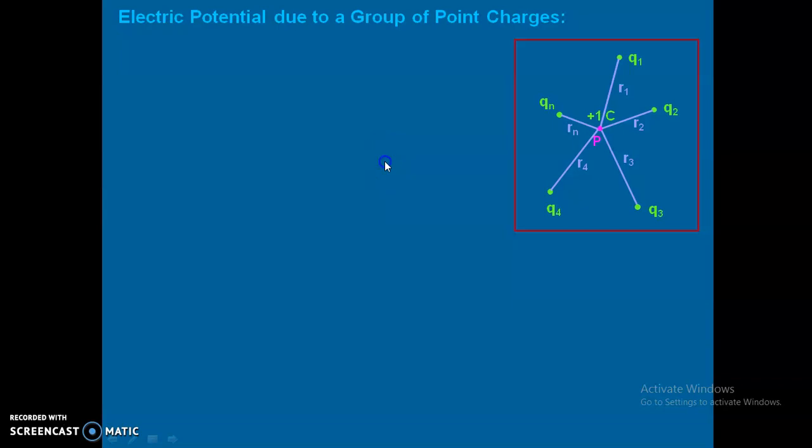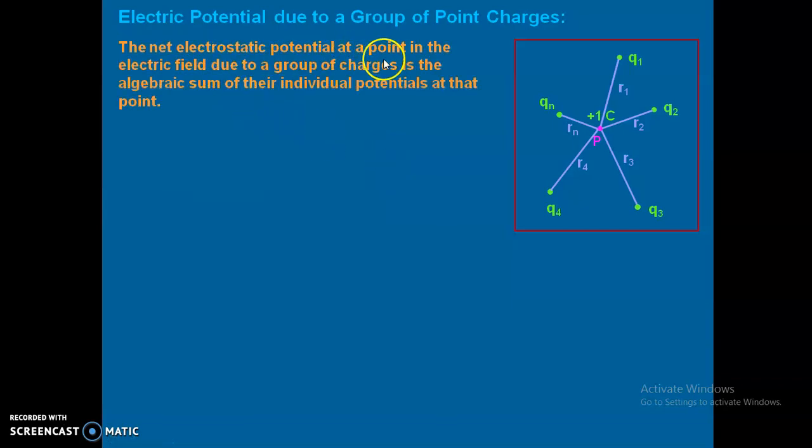up to Qn. So net electrostatic potential at a point in the electric field due to a group of charges is the algebraic sum of their individual potential at that point. Okay. So we can write Vp, potential at P, due to all the charges. Since we have considered it as unit positive charge, this should be taken as a test charge.